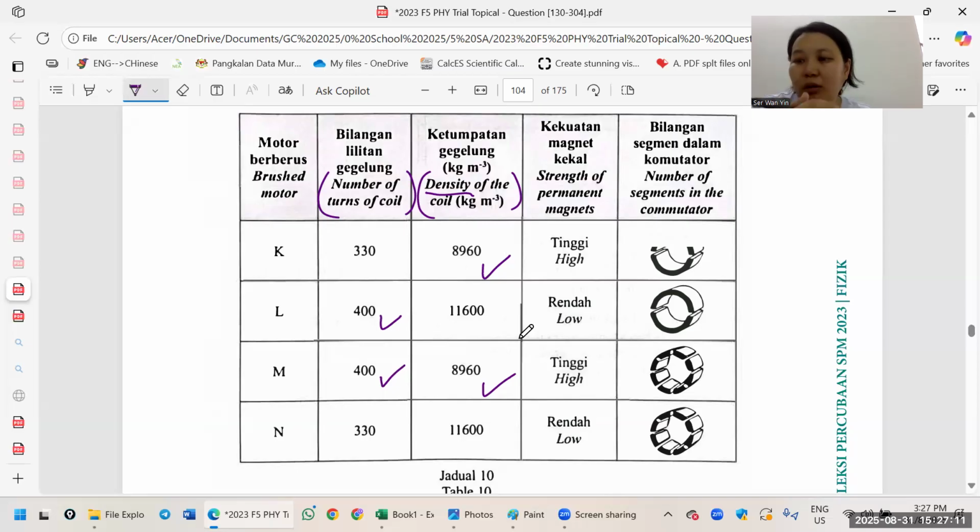For example, you have a Chinese fan. If it's light, you can swing it faster. If it's heavy, it is hard to swing faster.